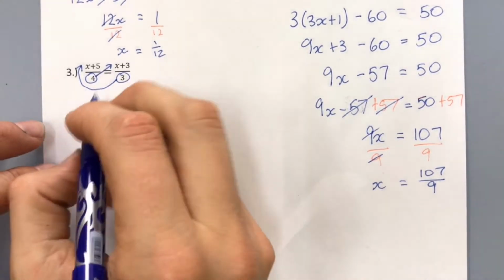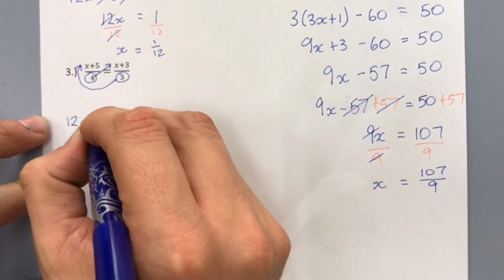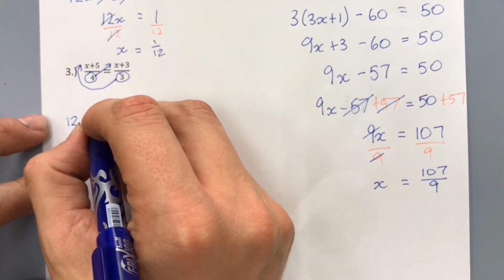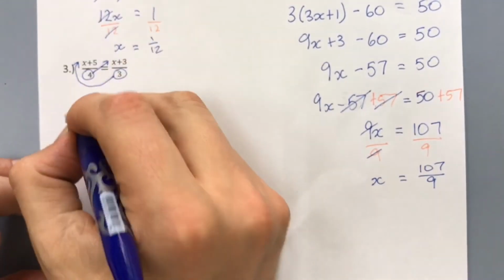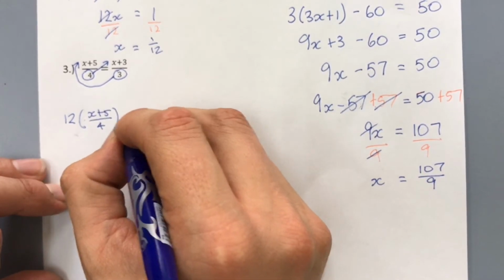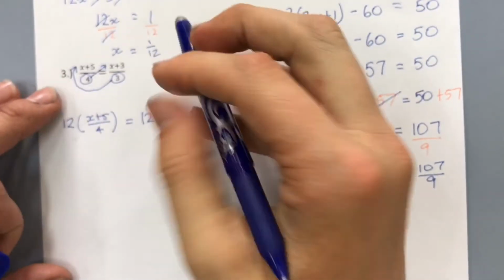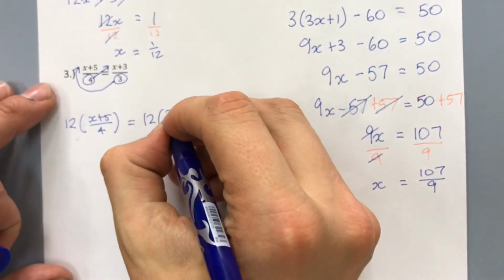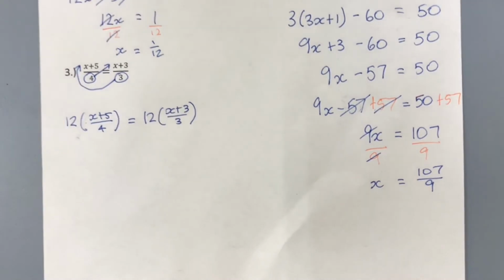All right? So as James has told us, the lowest common multiple is 12. So if we multiply both sides of this by 12, what we get is this. So 12 outside of x plus 5 all over 4, and 12 outside of x plus 3 all over 3. We are going to switch.